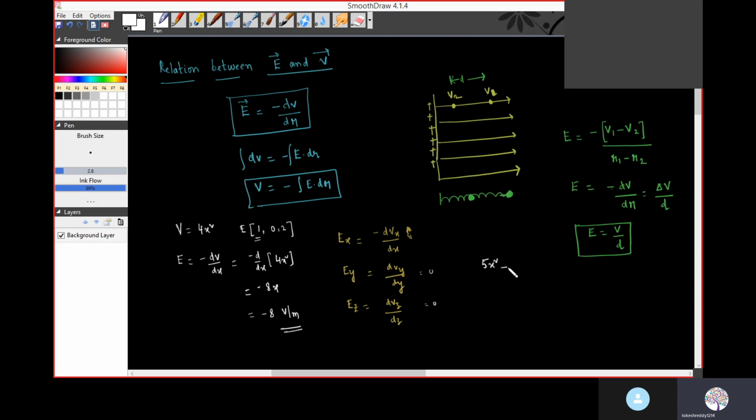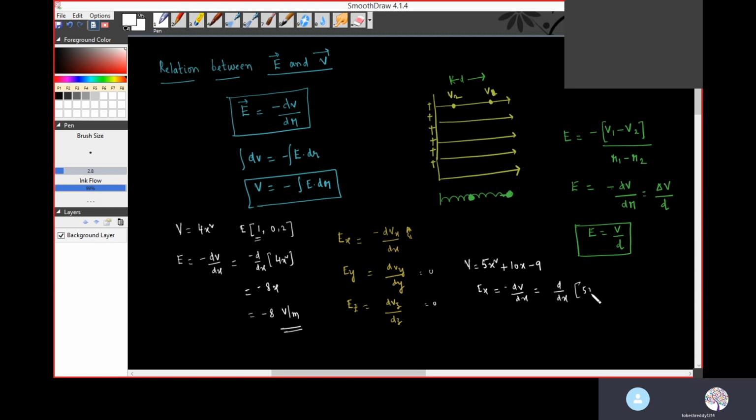Now, let's take another example. 5x square plus 10x minus 9 is potential V. Now here you have Ex, Ex is equal to minus dV by dx. That is equal to minus d by dx of 5x square plus 10x minus 9. Here also the y term is not there.